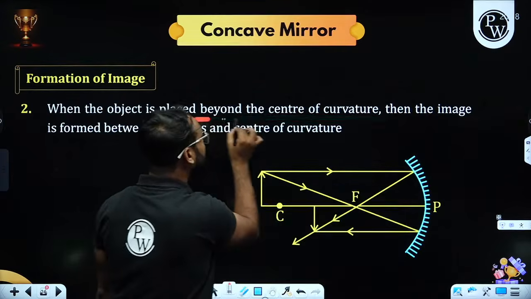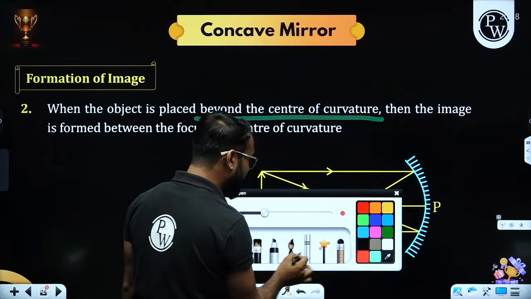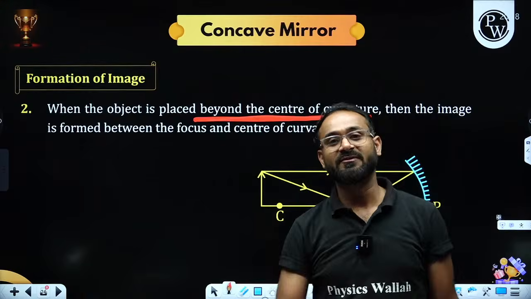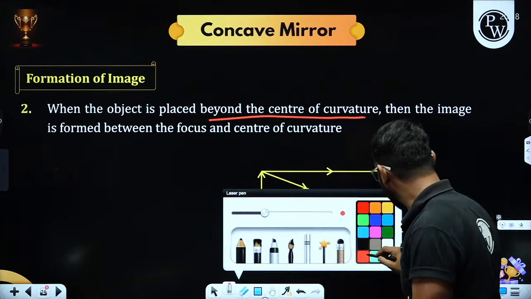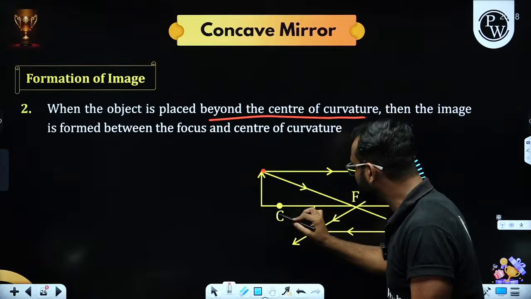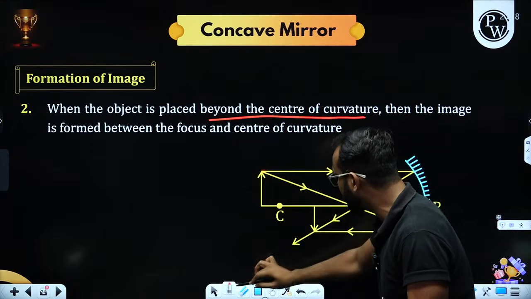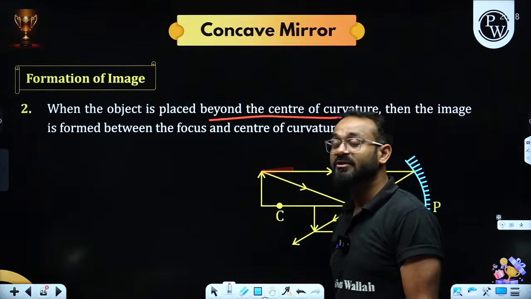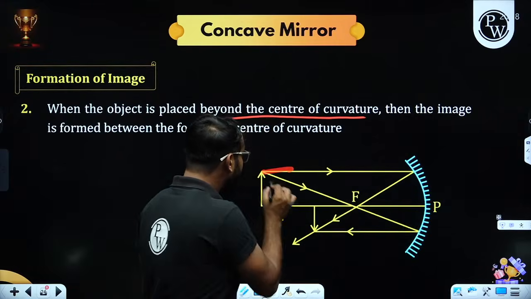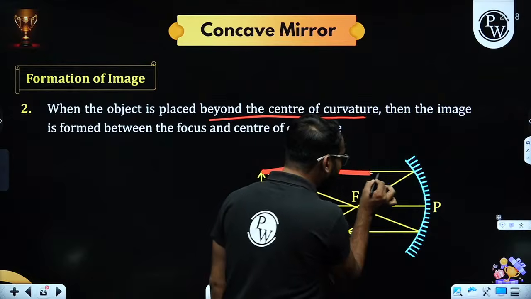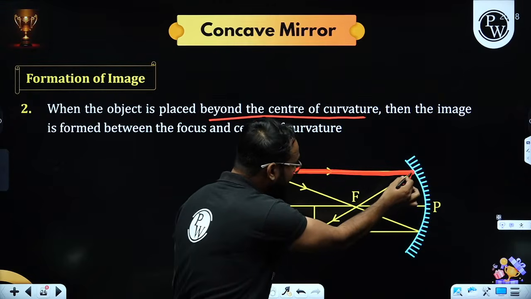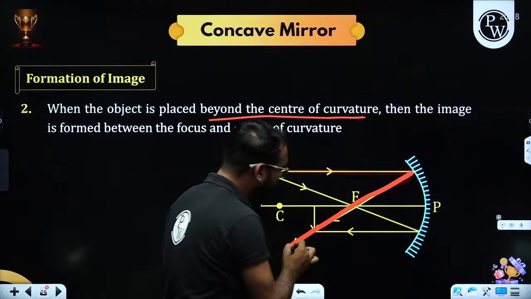Case number two, when the object is placed beyond center of curvature, where will the image form? So here comes the diagram related to that. If the object is kept beyond center of curvature, then the light ray follows the rules. First, if the ray of light goes parallel to the principal axis, after striking, where does it go? Sir, it passes through focus.